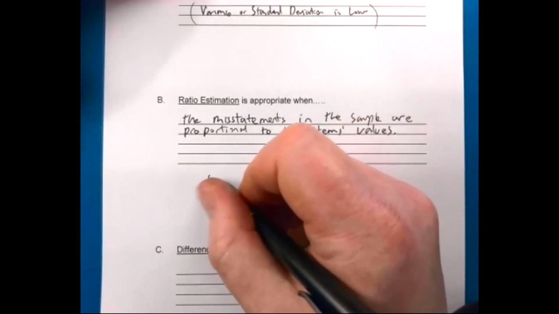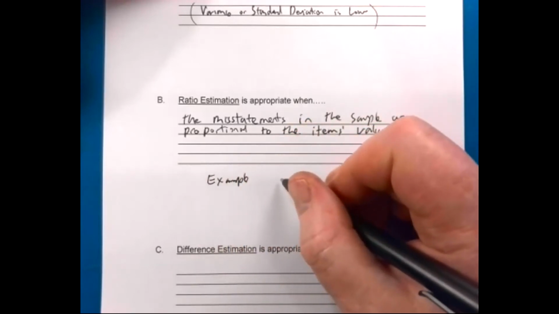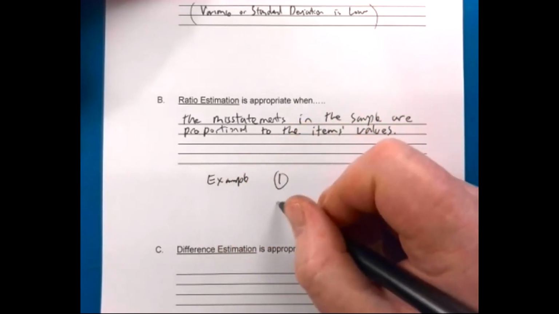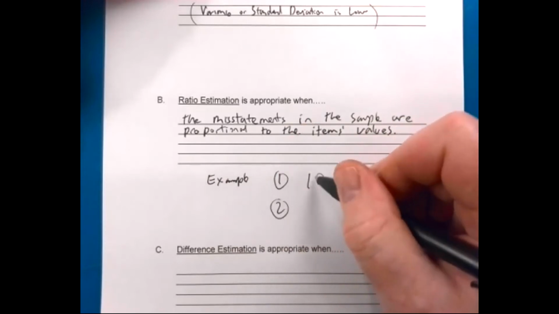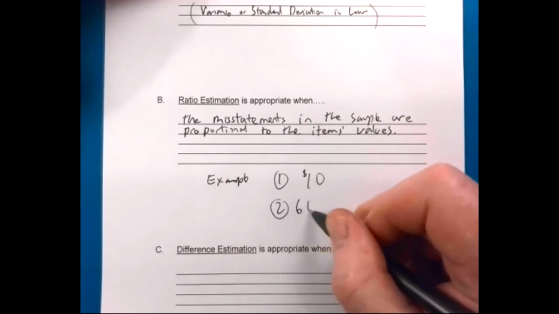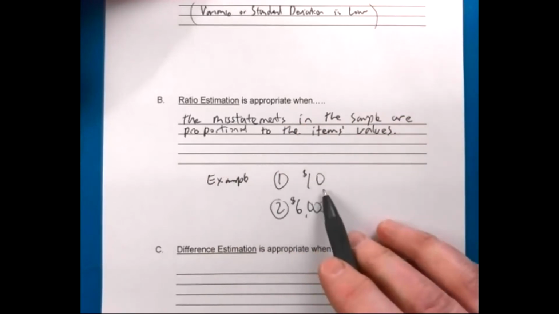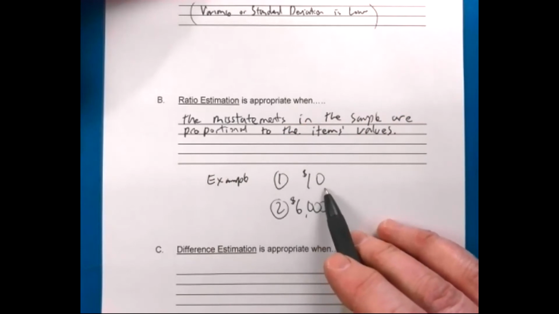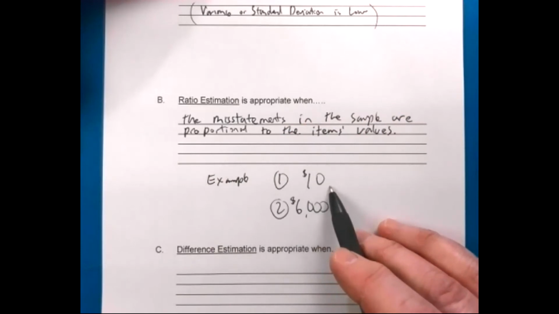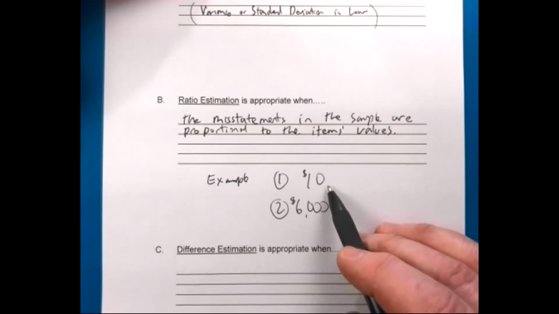So, for example, if you had 2 items, say item 1 and item 2, and item 1 was $10, and item 2 was $6,000, item 1, if it has a misstatement, is going to have a smaller misstatement than item 2. There's a lot less that can go wrong for item 1.